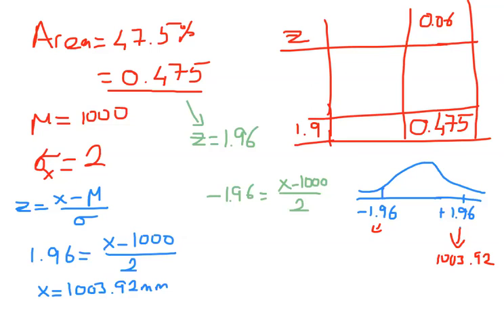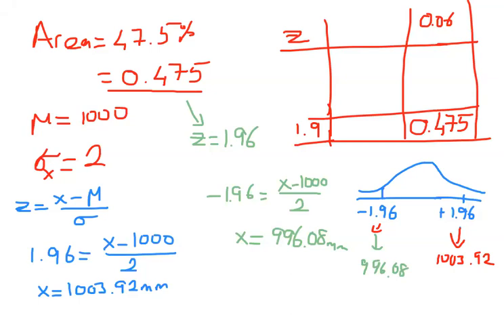When I multiply 1.96 times 2 and add the 1000, I got 996.08 millimeters.